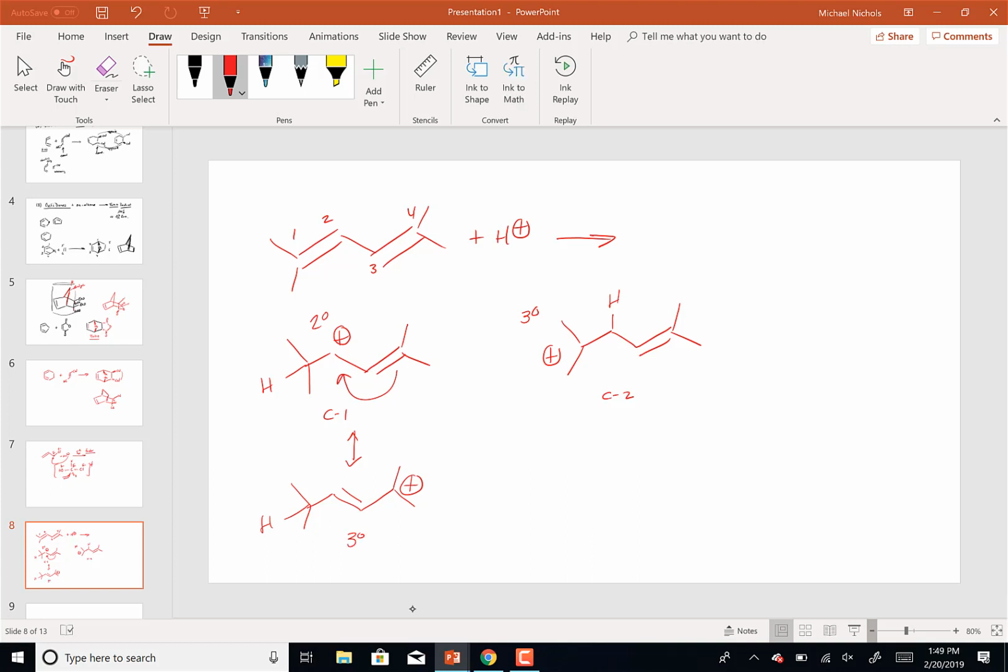I just made a tertiary carbocation, which ties me with C2, but what do I have additionally? An extra resonance structure. So we always add to the end, because that additional resonance structure gives us the most stable intermediate.